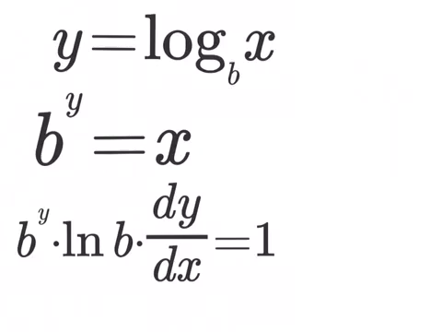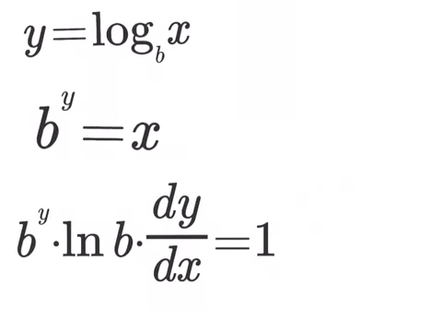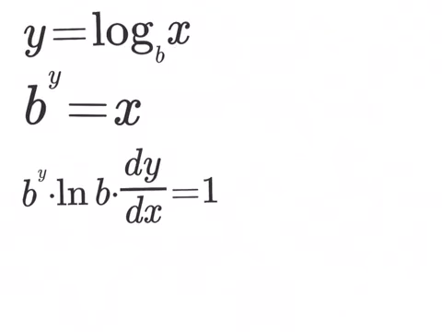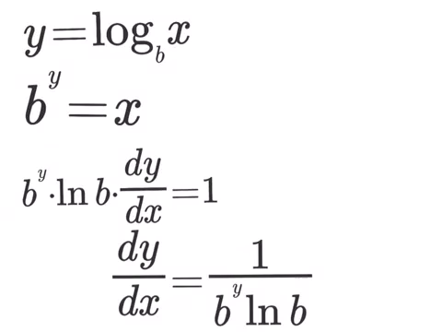And applying what we already know to be true, that the derivative of b to the y is equal to b to the y times the natural log of b times, by the chain rule, dy dx. And the derivative of x is 1. And if we solve this equation for dy dx, we'll see that dy dx is equal to 1 over b to the y times the natural log of b.